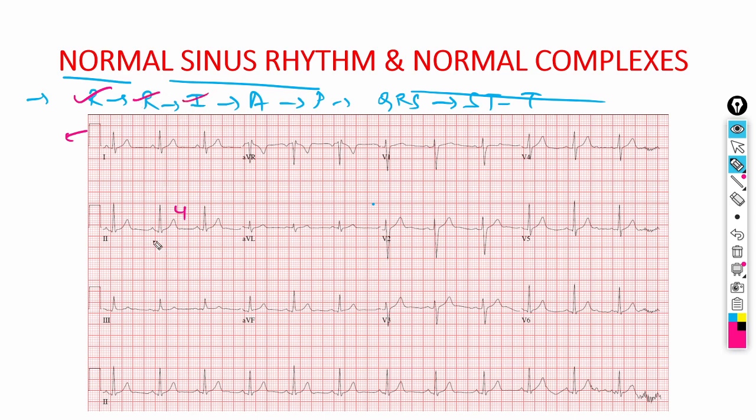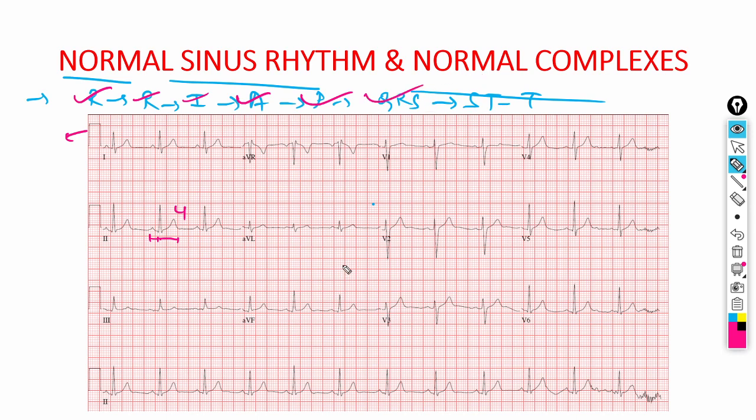Intervals: PR interval and QT interval. PR interval appears normal, QT interval also appears normal. Axis: in lead 1 and lead aVF both are upright, so axis is also normal. P wave, best seen in lead 2, is less than 2.5 small boxes in height as well as width.